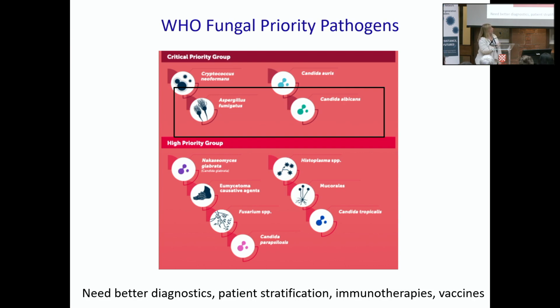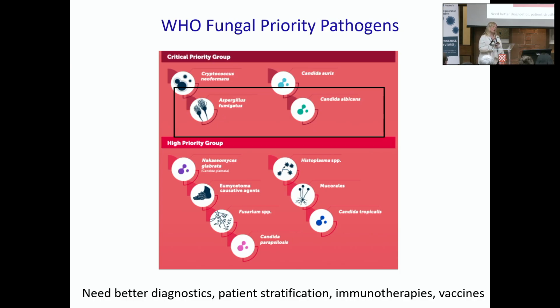In my group, we've mainly focused on the host response to Candida albicans and more recently Aspergillus fumigatus. We also look a bit at some of the other Candida species in the high priority group.